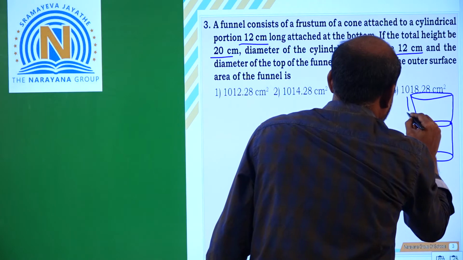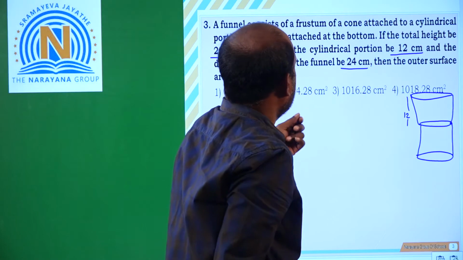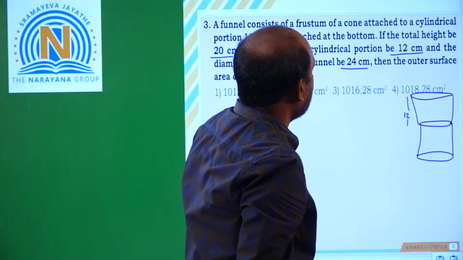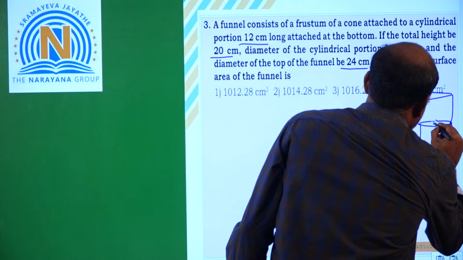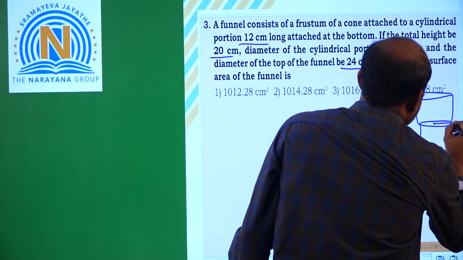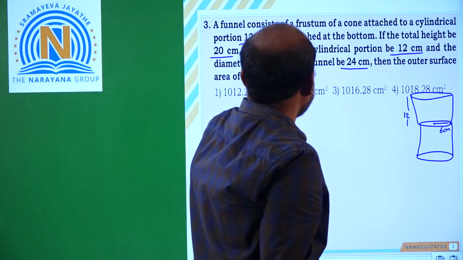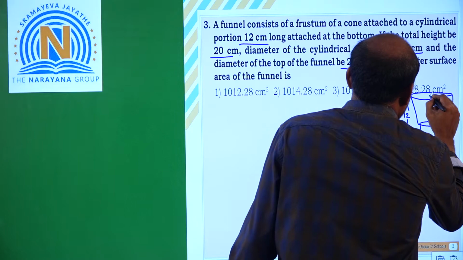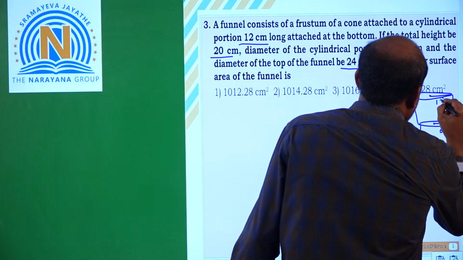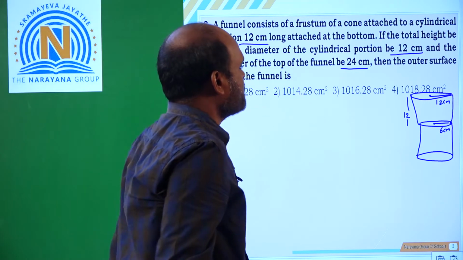So the height of this is 12 centimeter. The diameter of the cylindrical portion is 12 centimeter, which means the radius is 6 centimeters, and the diameter of the top of the funnel is 24 centimeters. So this radius is 12 centimeter. Then the outer surface area of this funnel.